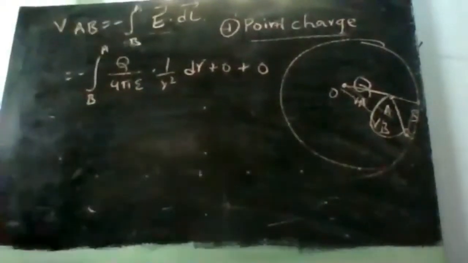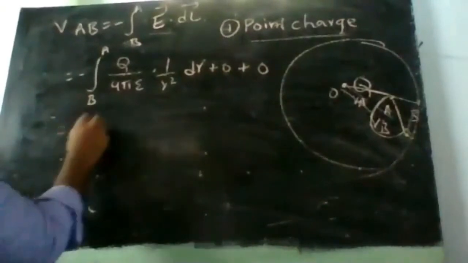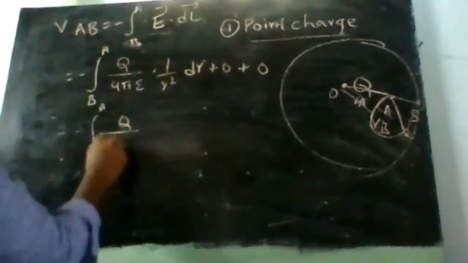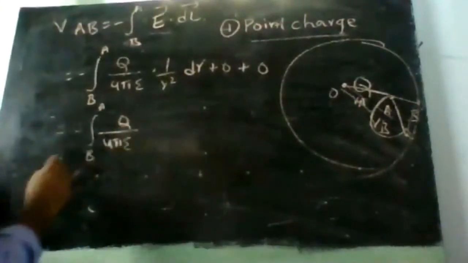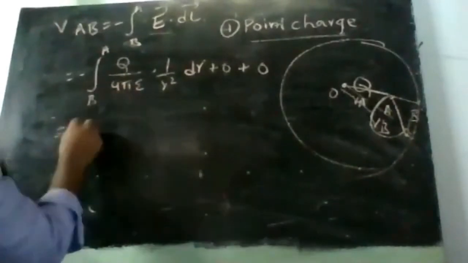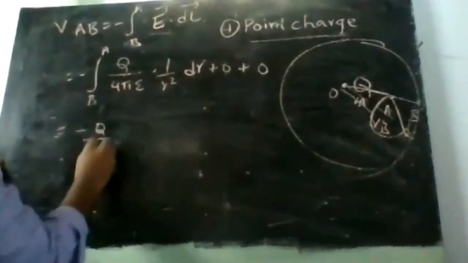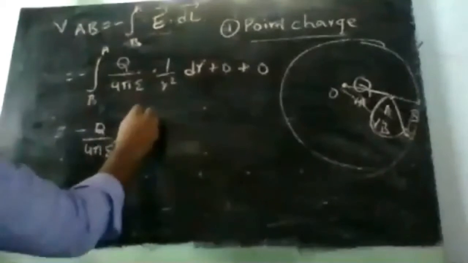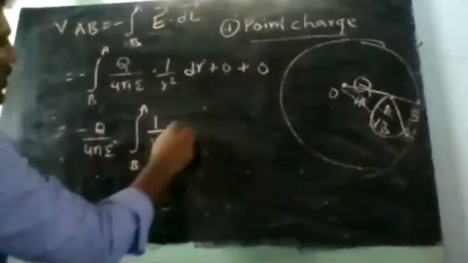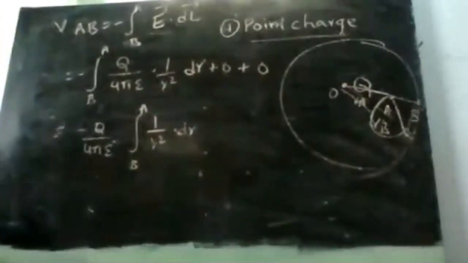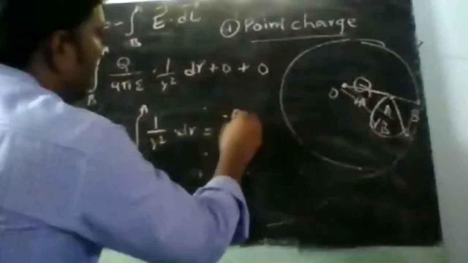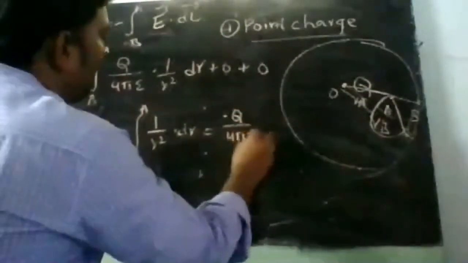Now this is equal to minus integral B to A. Q by 4 pi epsilon is constant, so we can put this outside: minus Q by 4 pi epsilon, integral B to A 1 by R square dr.